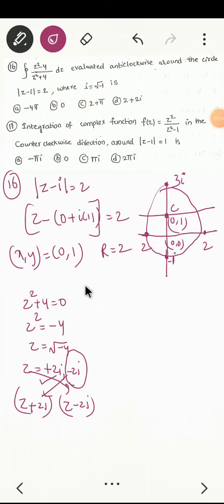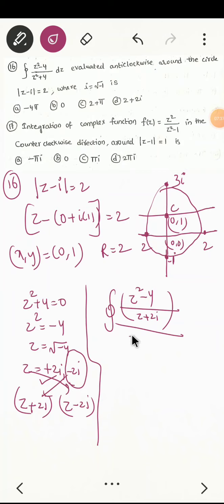Okay, now convert that integral. (z square minus 4) by (z plus 2i) is outside the contour, then z minus 2i is inside the contour, dz. Then 2 pi i f of 2i. f of 2i is how much? (2i) square, 4 minus 4, what will you get?